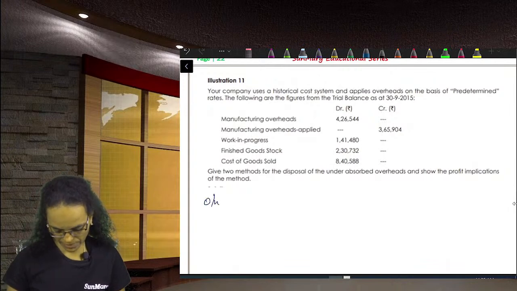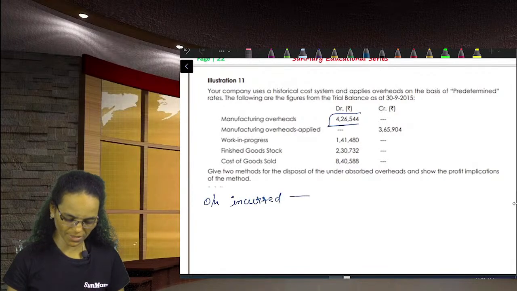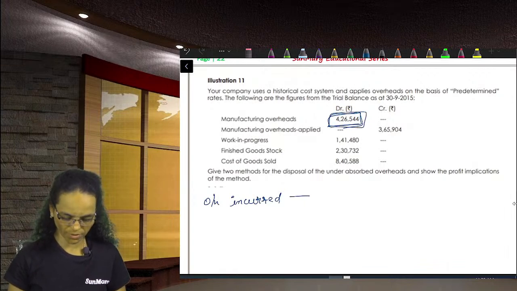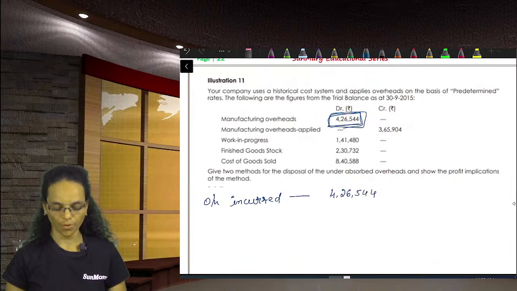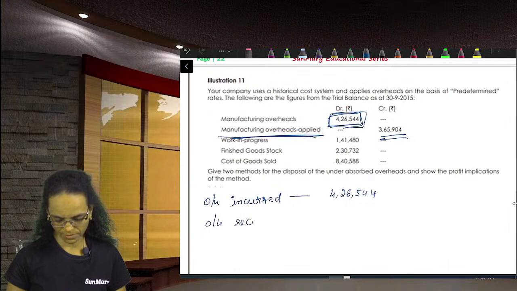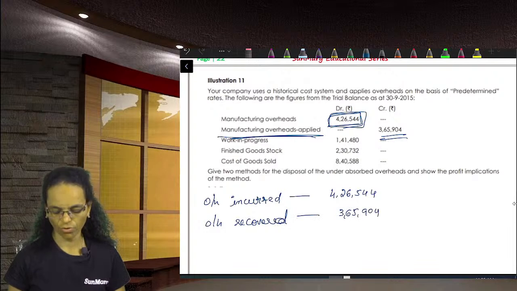Overheads incurred, debit balance, debit all expenditure and losses. So the incurred is 4,26,544 rupees, but overheads recovered are 3,65,904 rupees.